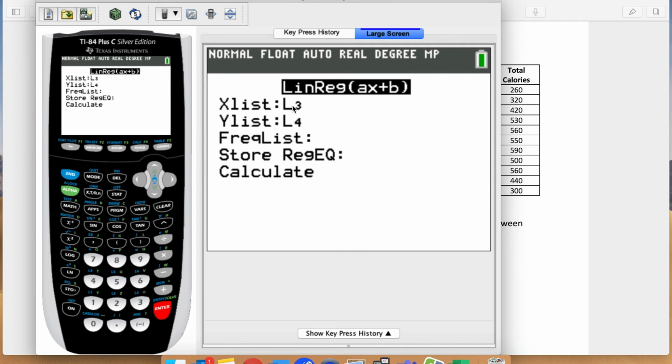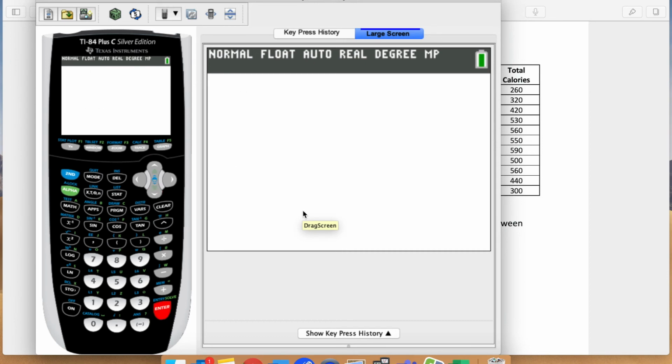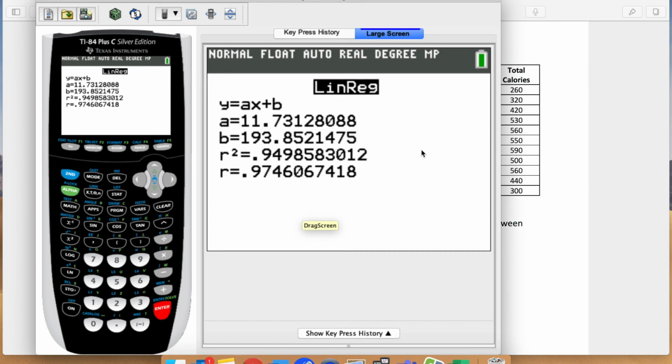At the moment I've got the wrong list in, so I need to change this. The lists are down here, L1, L2, L3. I'm going to do second function 1 which gives me L1, and second function 2 which gives me L2. Then you can just press calculate, and it will do the calculations for you.